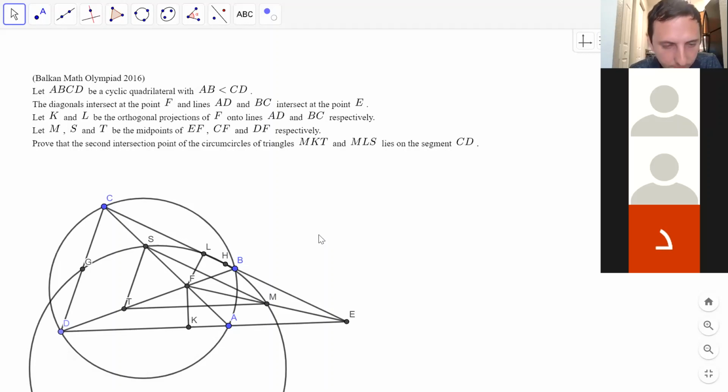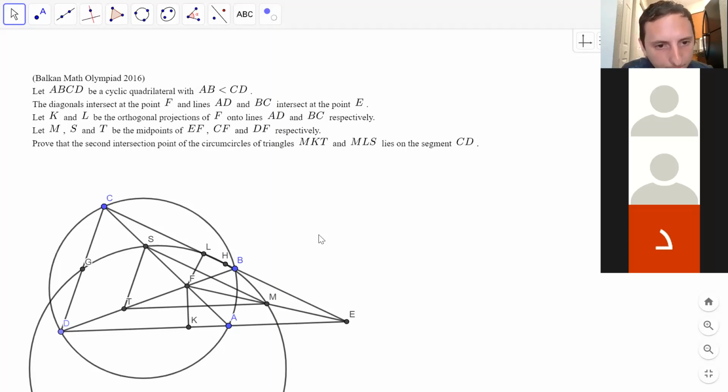Yeah, but GS is parallel to DB, because they're both midpoints. Yeah, and SM is parallel to CE. Mm-hmm. So GSM is equal to DBE, because they're both parallels.